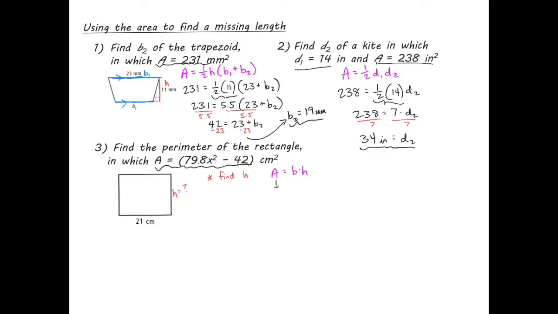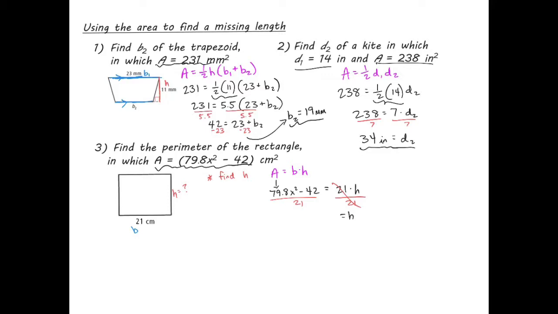So let's replace A with 79.8 x squared minus 42 equals, let's replace B with the value for B down there, 21. And I don't know what H is, so we'll figure that out. Now, the algebra is kind of easy here. Just divide by 21. But remember, when you divide by 21, you're dividing everything by 21.